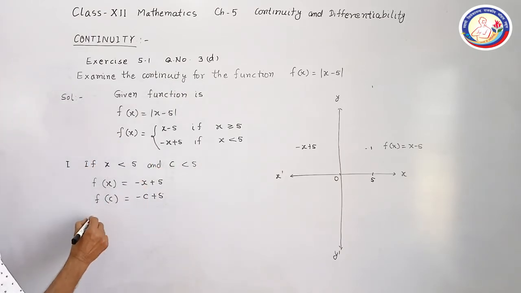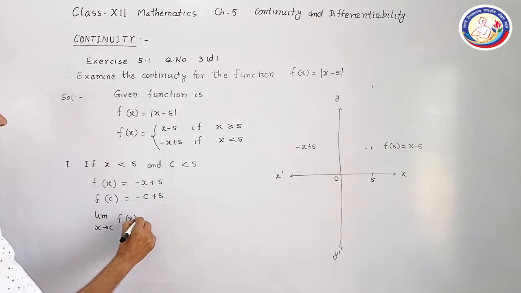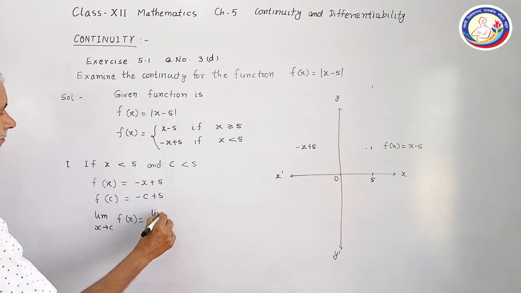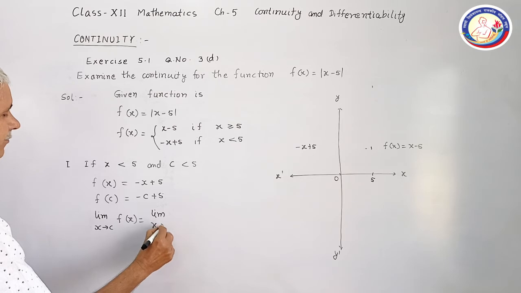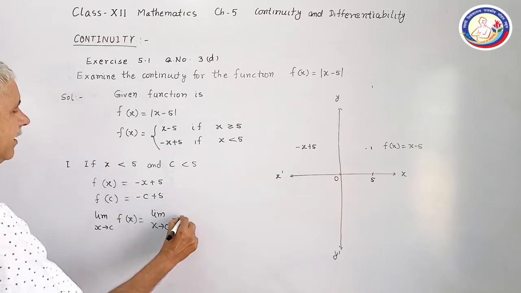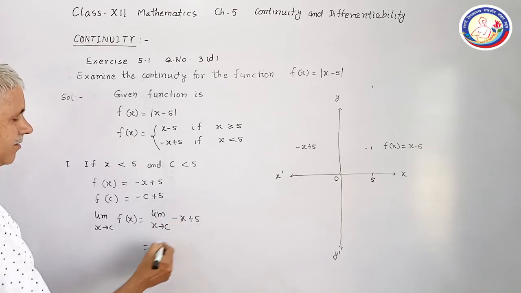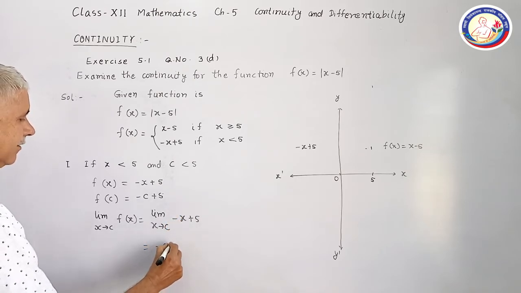Again, the limit as x tends to C of f(x) will be equal to the limit as x tends to C of minus x plus 5, and this will be simply minus C plus 5.